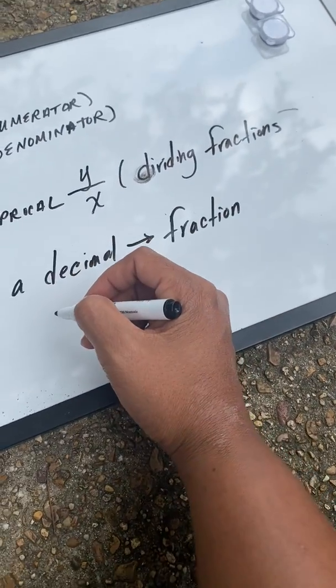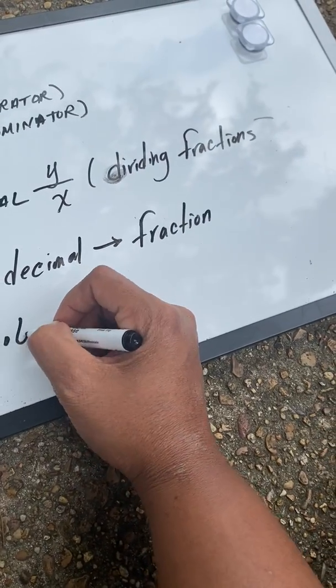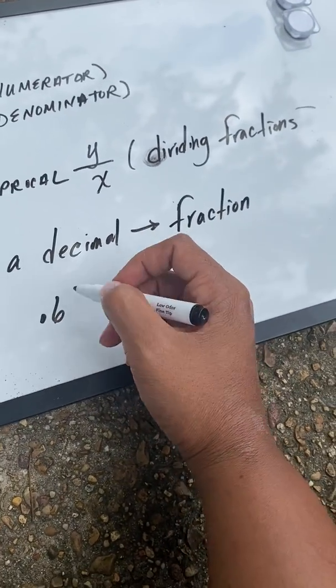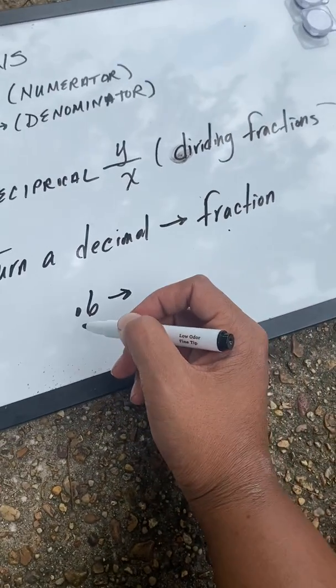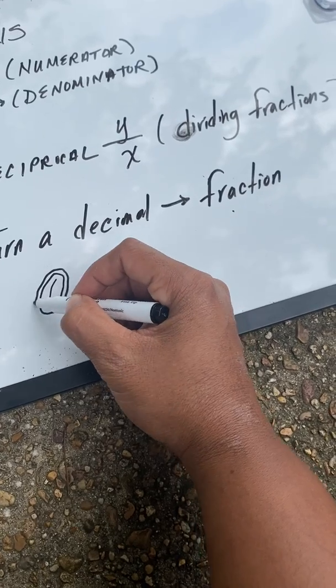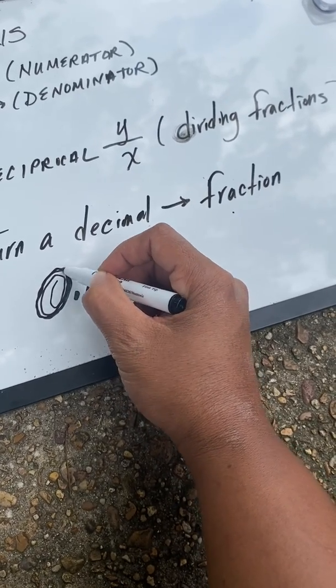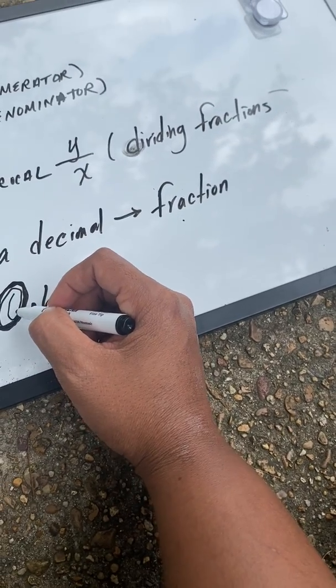I'm going to give you an example. Say we have 0.6, for example. How do we turn this into a fraction? We understand that there's a zero here. It's not going to always be written, but it's understood that there's a zero there.